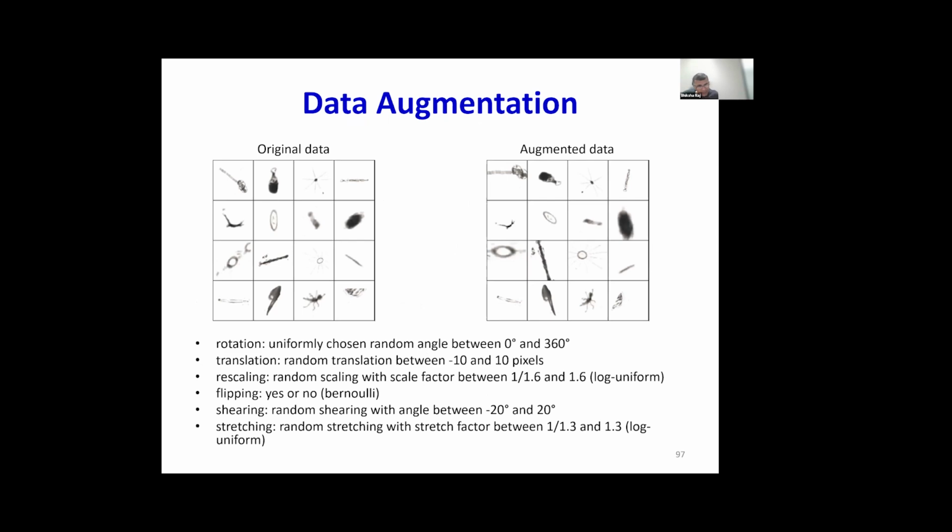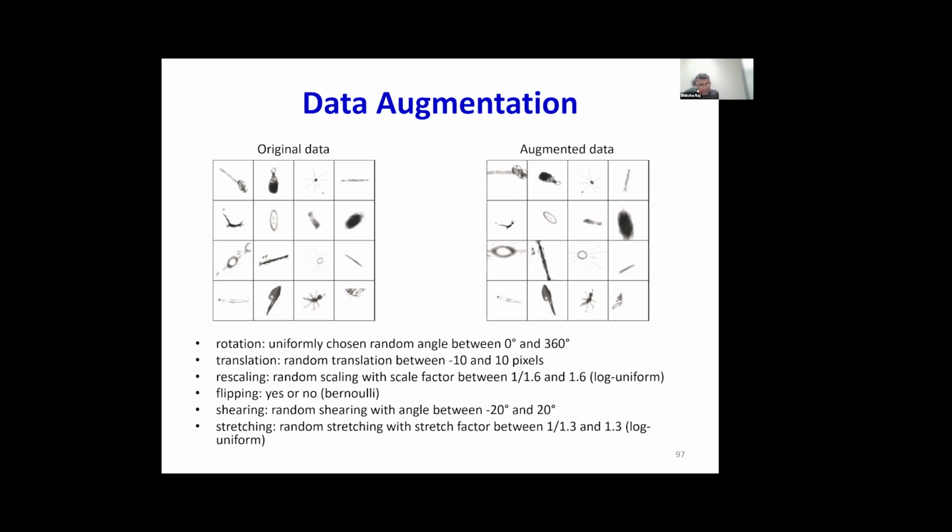So here were some examples of data augmentation. These are different objects, and they've been modified to different variants of the same object by maybe adding a little noise, or scaling them, or rotating them by a little bit, or shearing them. And these are transformations that keep the class.